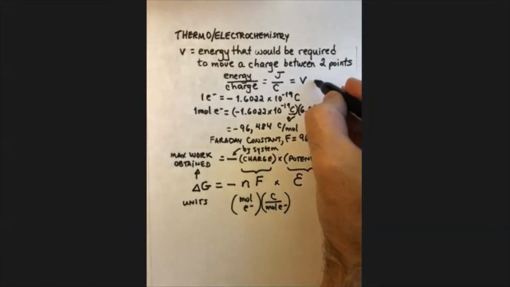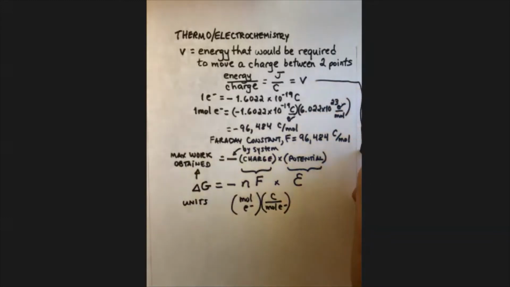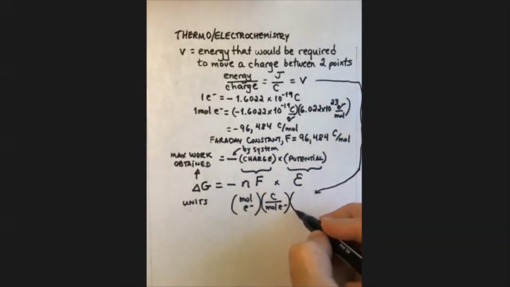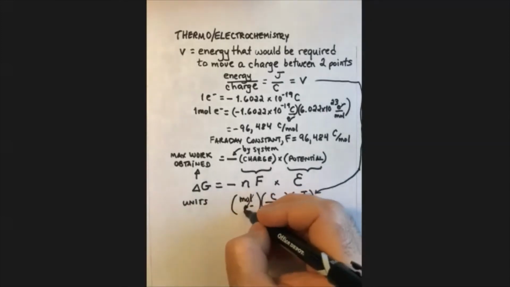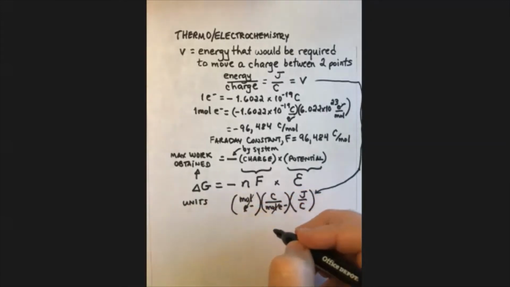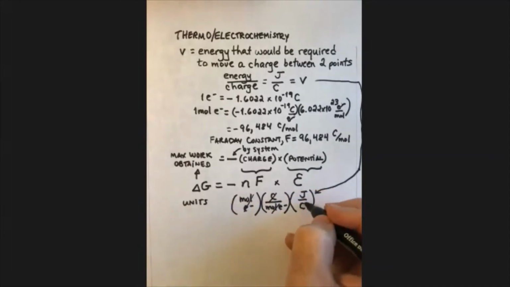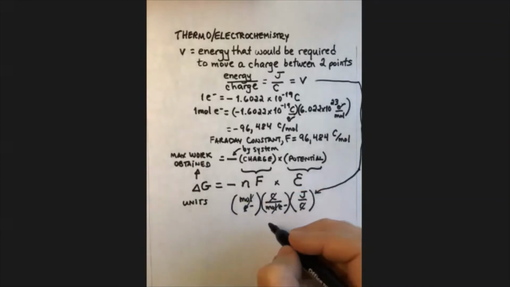But if you look at this equation that we had here, you can see that you can express volts as joules per coulomb. And so, as you can see, moles of electrons cancel out, coulombs cancel out, and you have essentially units of energy.